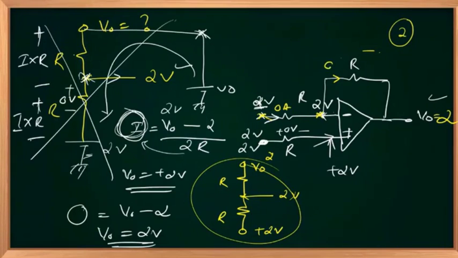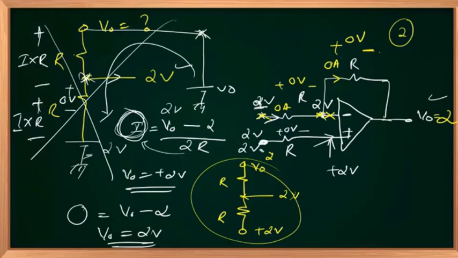So no current flows through the upper R also, because the op-amp cannot supply current at the input side. Also no current flows into the output. So there is no voltage drop across this R. Voltage drop across this R is also 0 as we discussed earlier.